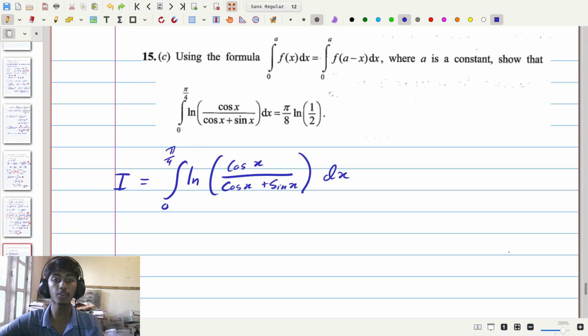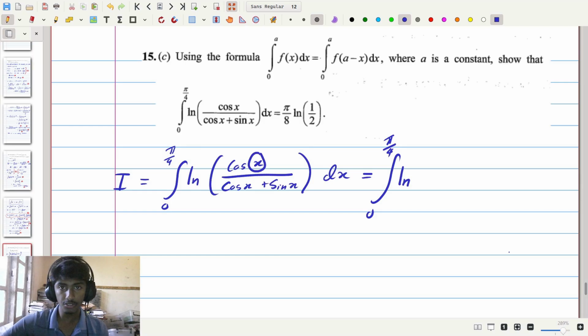So therefore, this is going to be equal to the integral with the same limit 0 up to pi by 4 of the natural logarithm of, and everywhere we have x, we need to substitute with a minus x, which is in this case pi by 4 minus x.